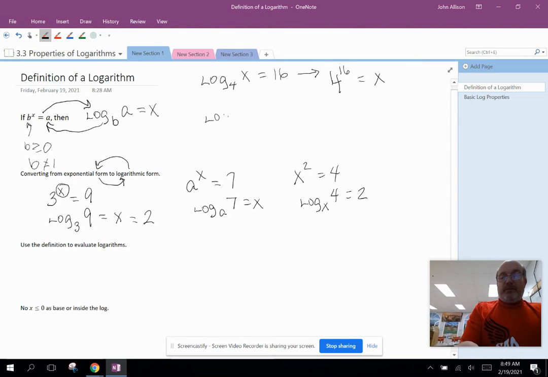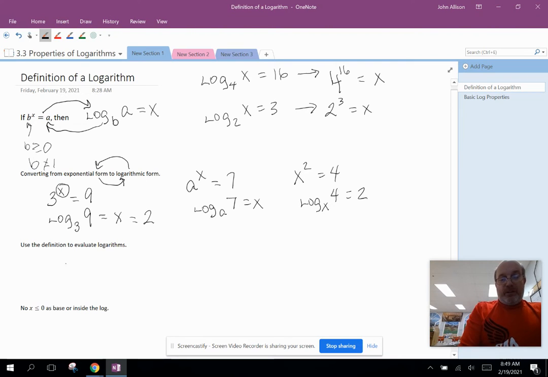So if you have log base 2 of x equals 3, and we convert that to exponential form, it becomes 2 to the third equals x. This is how we convert between exponential and logarithmic form.